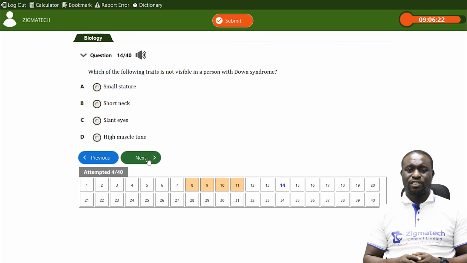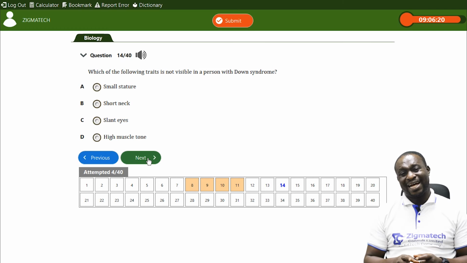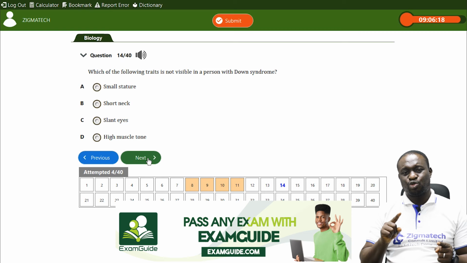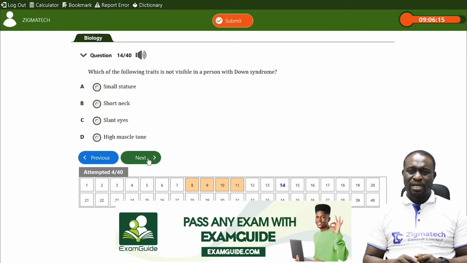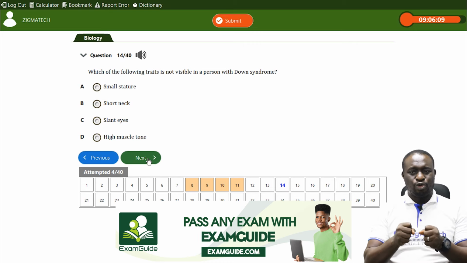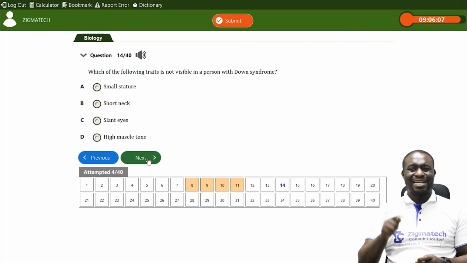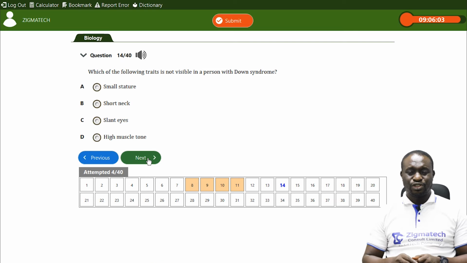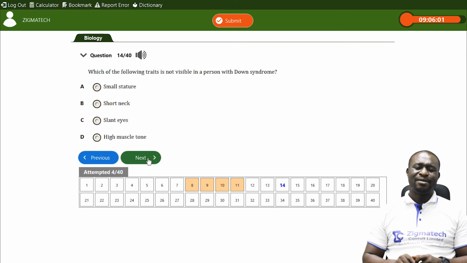Of course, it causes short neck and slant eyes. Okay, their eyes are usually tilted. It also causes low muscle tone. So the correct option that is not visible in a person with Down syndrome is high muscle tone.